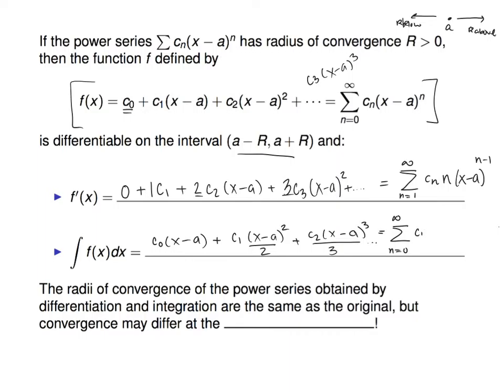The c sub n's don't change, but now what's the power on x minus a? I think it's n plus 1. Because you think about this, start at 0, exactly. You have c1, and the power is 2 over 2, right? And also I need to have this over n plus 1. And you do have to lob on a big old constant plus c on the end.